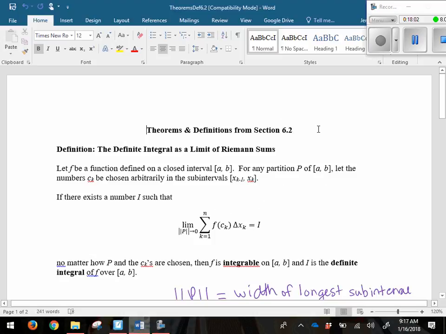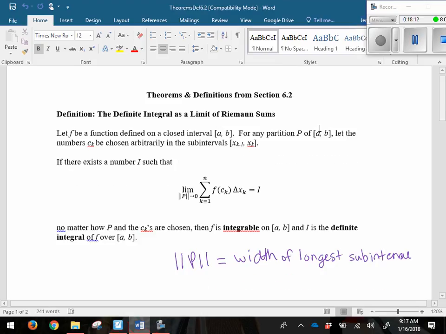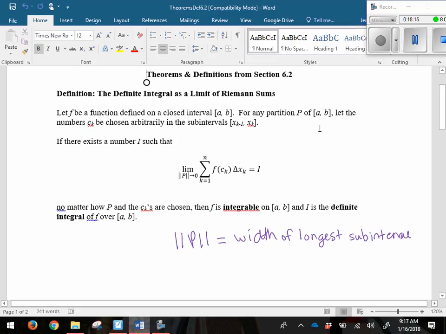So, definition number 1. I'm not going to leave this up here for a very long time because you should have already written this into your journal, so I don't expect you to copy it down. The definite integral as a limit of Riemann sums. So let f be a function defined on a closed interval ab, like the one we just had.